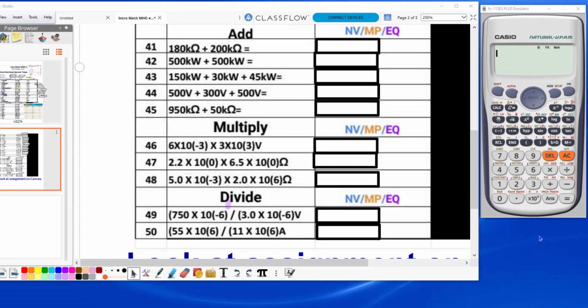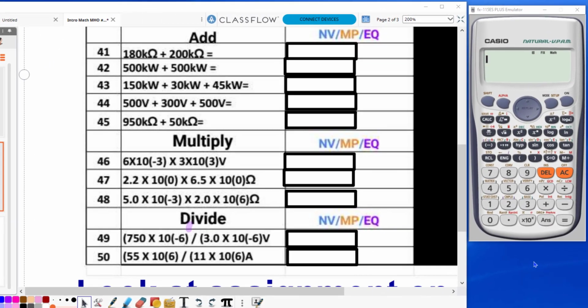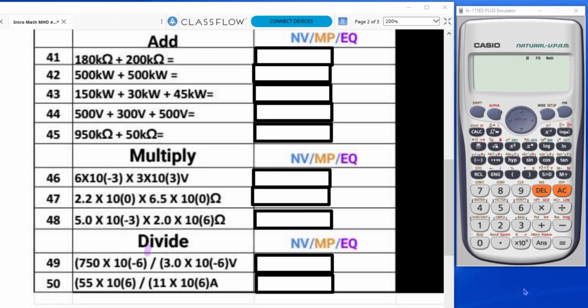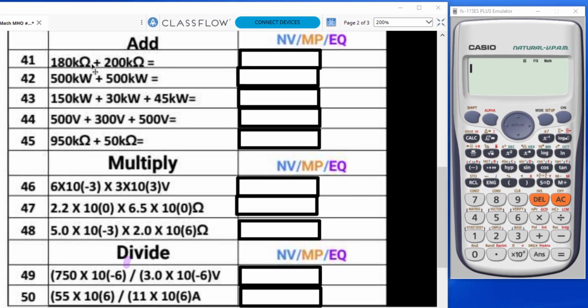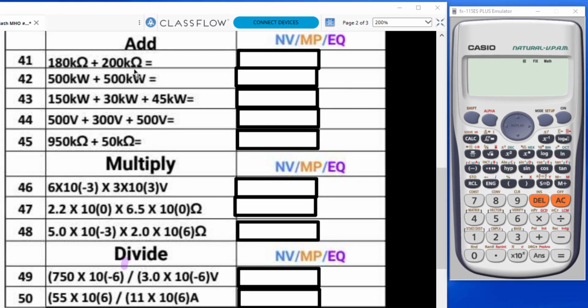So the first thing I want to emphasize is that when entering a number that is expressed in metric prefix, we're going to enter that number into our calculator in engineering notation. We have to hit the proper key sequence. So we see here we have 180k ohms. We're going to go 180.